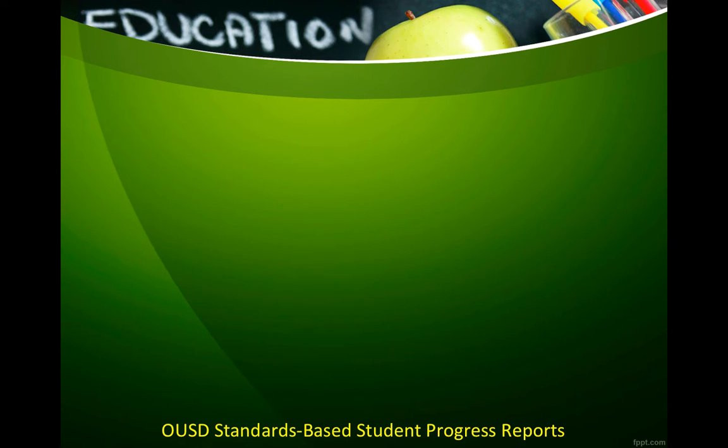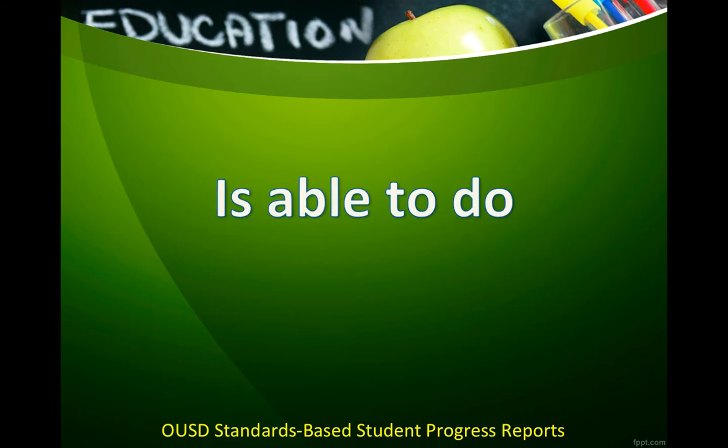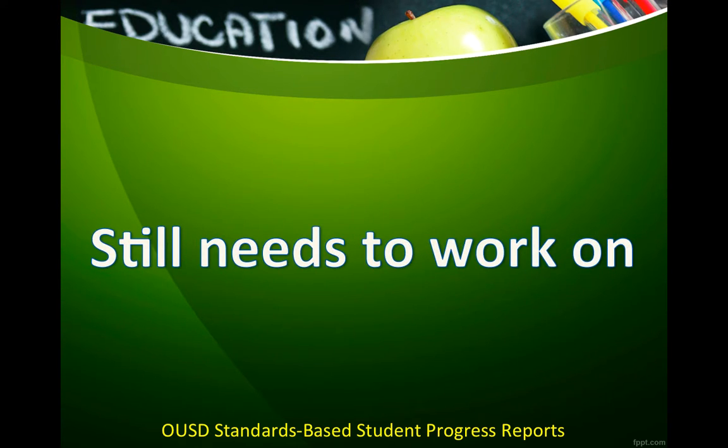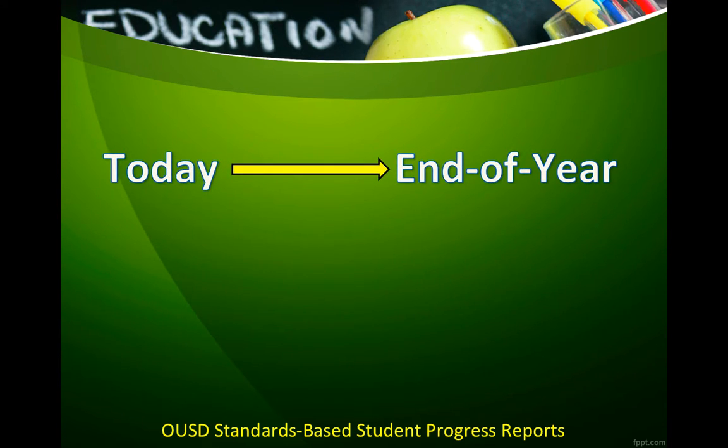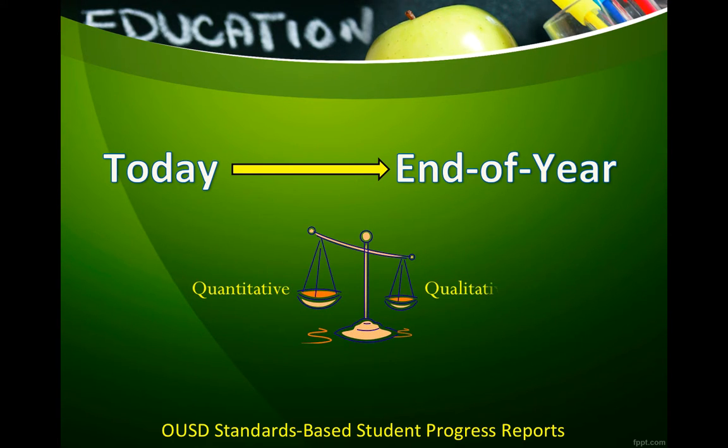The new progress report is designed to give more information about what a student knows and is able to do in each subject area and what he or she still needs to work on to meet end-of-year grade-level standards. Teachers will continue to use both quantitative and qualitative measures to determine student proficiency.